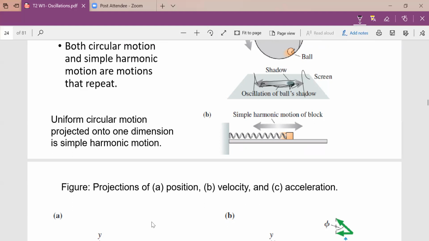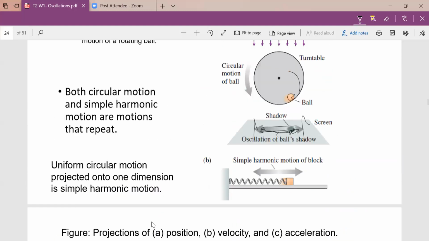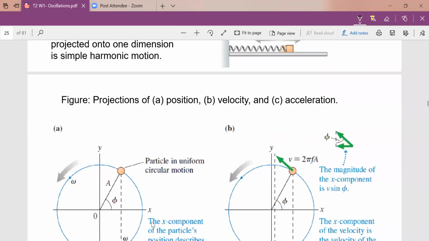If we project it to one dimension, we will have exactly the same description of a back and forth simple harmonic motion. Okay, fine. I want you to record this description, keep it in mind, while we use it to determine some equations that we'll be needing to solve some problems.